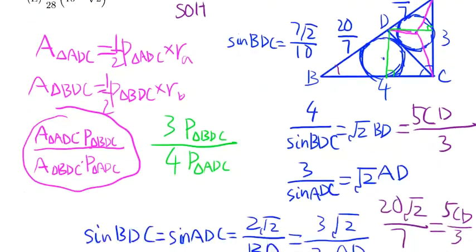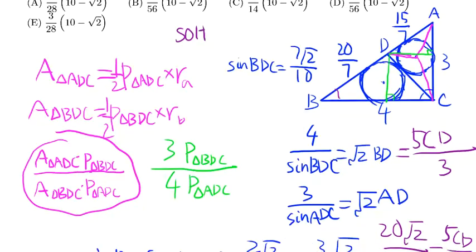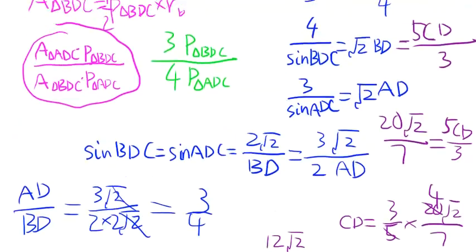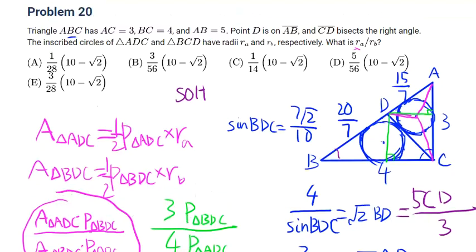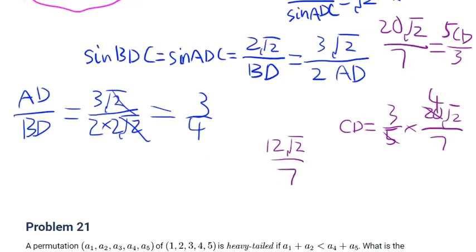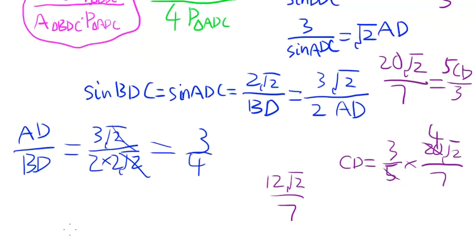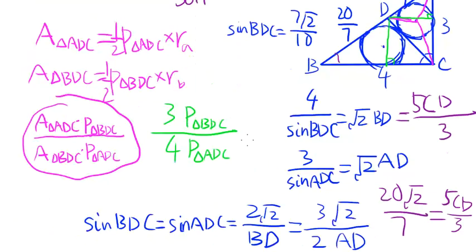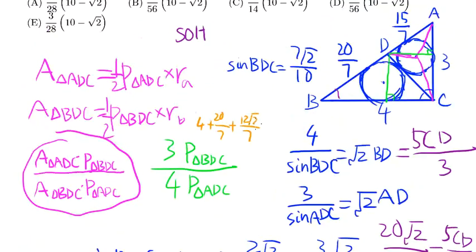So of course, we can now get the perimeters here. Calculate the perimeters. The perimeter of this BDC, P1, is, let me write this here, 4 plus, well, the perimeter of this one is 3 plus 7 15 plus again.